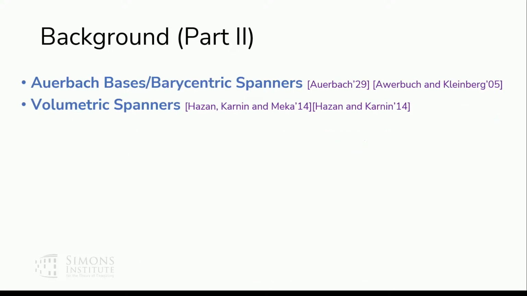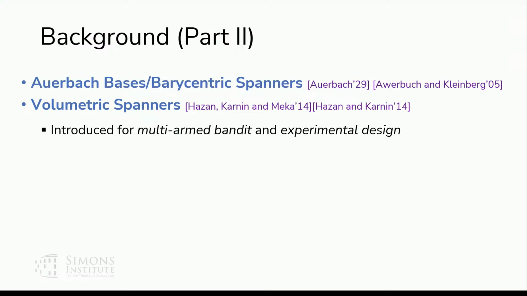and then optimizing the result using that basis. Okay. And later, this term was proposed by Hazan, Karnin, and Mehta, where they also studied this object for multi-armed bandits, and now even experimental design and some more matrix-related problems. And now they consider it with respect to the L2 norm.